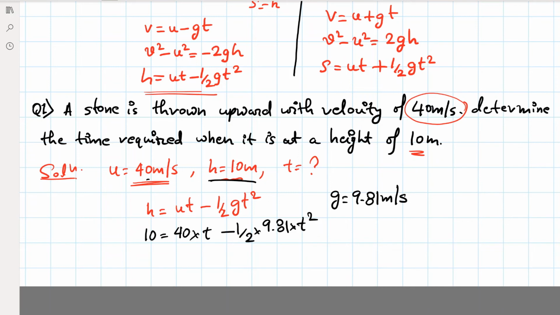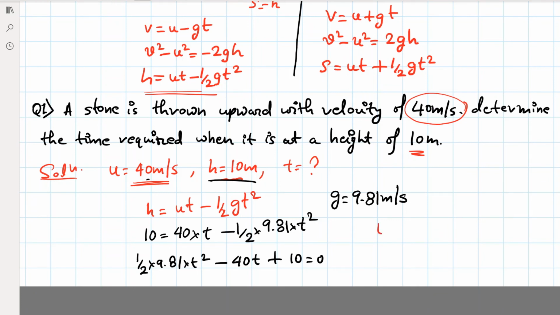So this is a quadratic equation. If I solve this equation, I bring these things to the left side: half into 9.81 into t square minus 40t plus 10 is equal to 0.